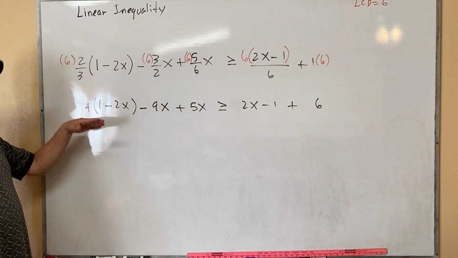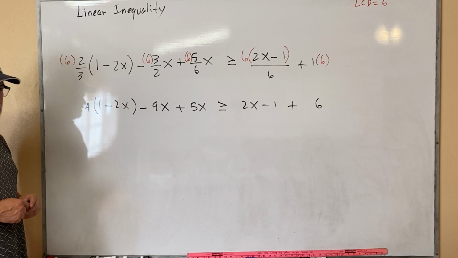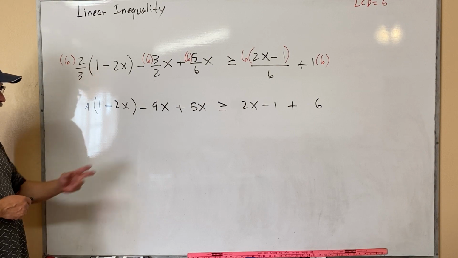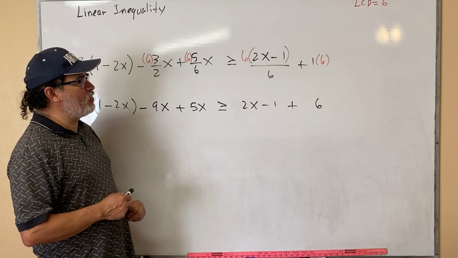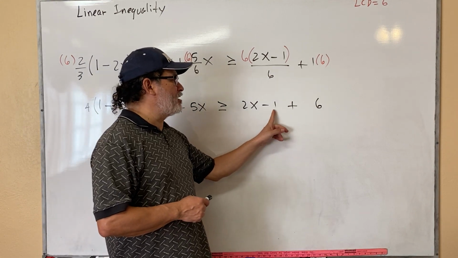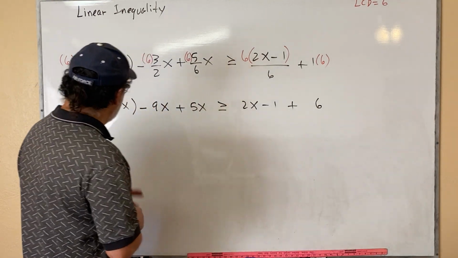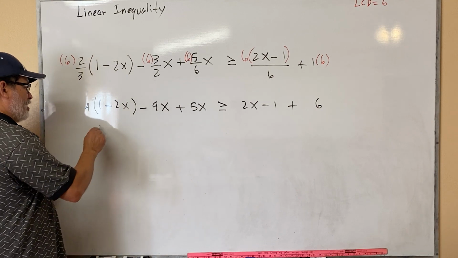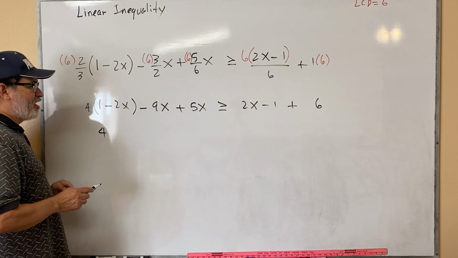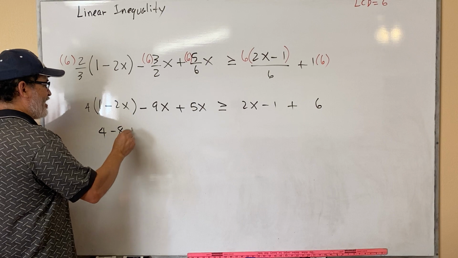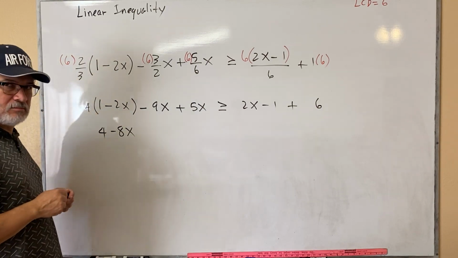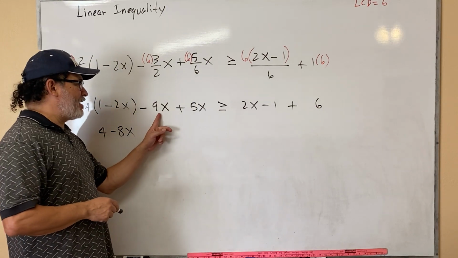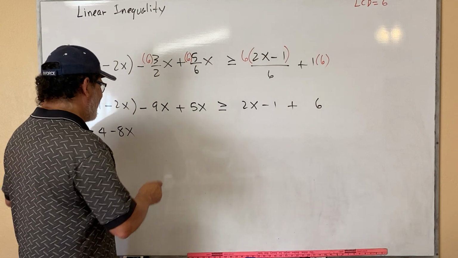Okay. Now, distribute and combine like terms. I can combine those two if I want to. I think I will. And I'm going to combine this one and that one. I'm going to distribute. What's 4 times 1? 4. What's 4 times negative 2x? Negative 8x. What's negative 9x plus 5x?